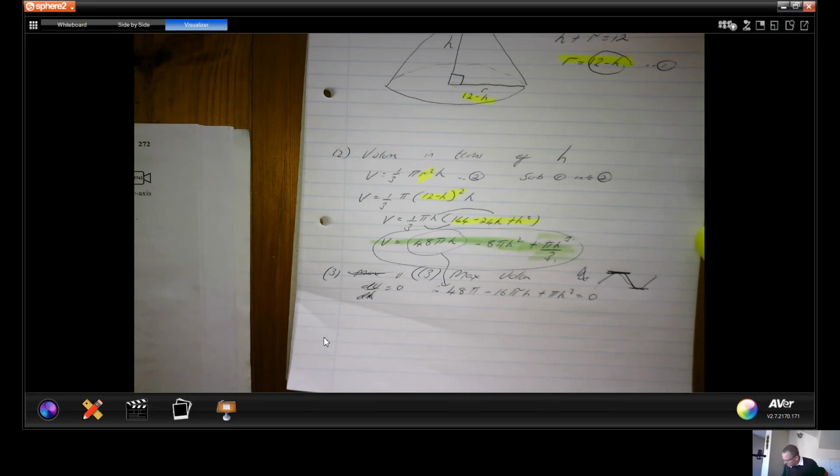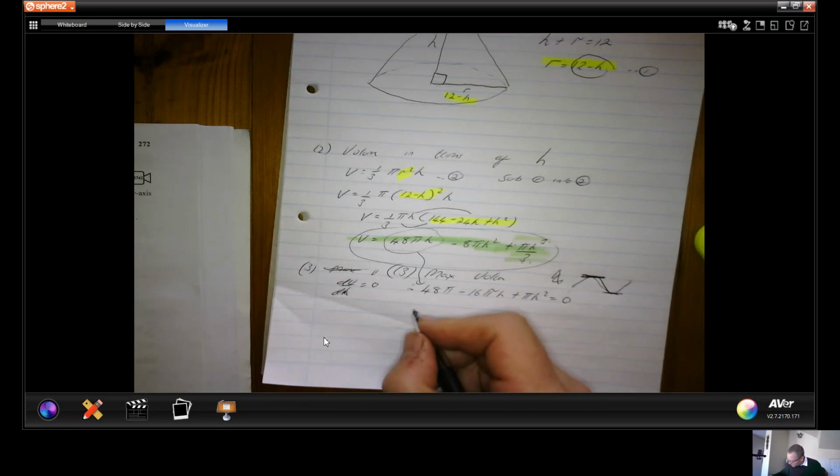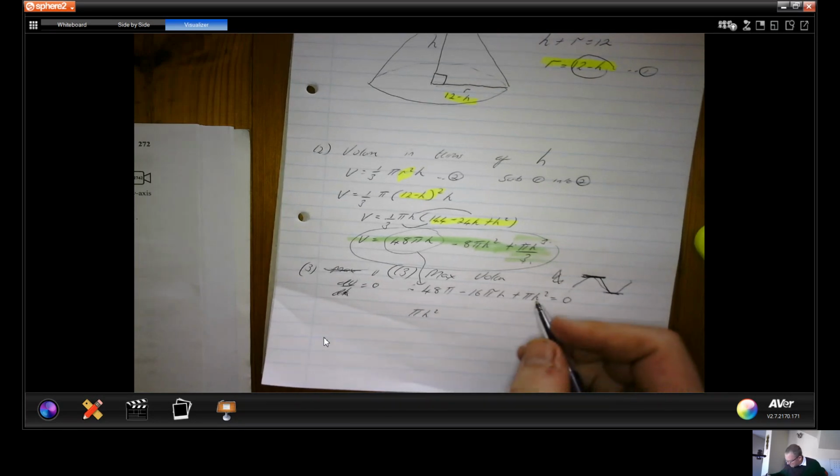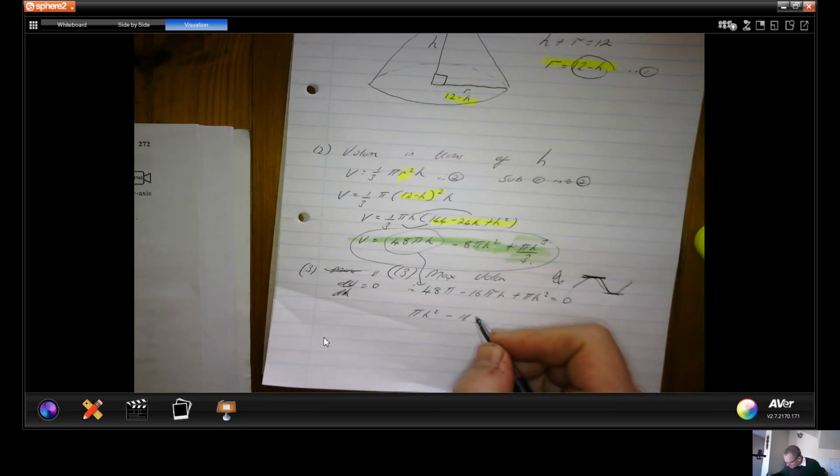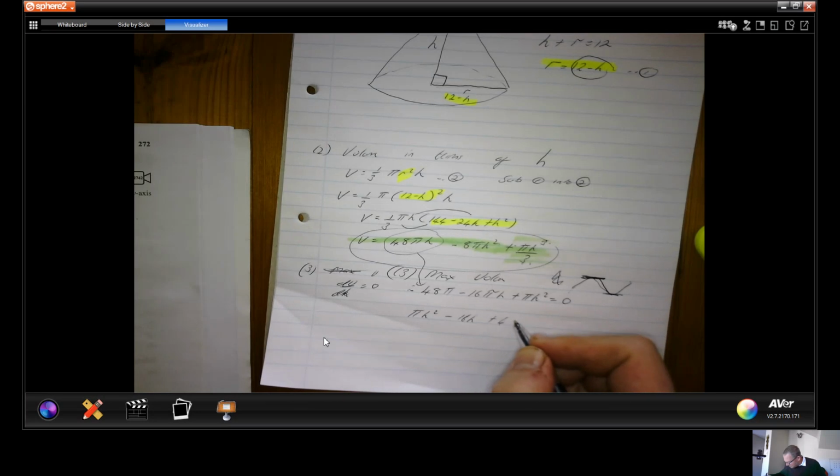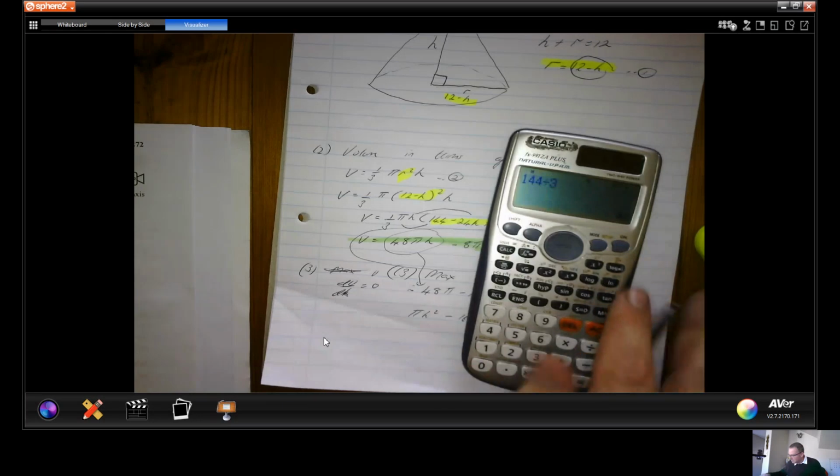Now you've got a quadratic: pi h squared minus 16 pi h plus 48 pi, and you want to know where that's equal to 0.